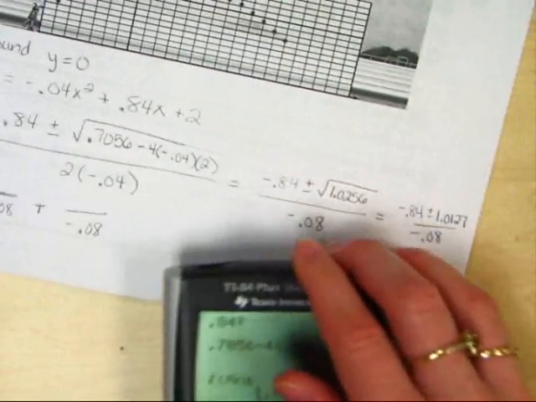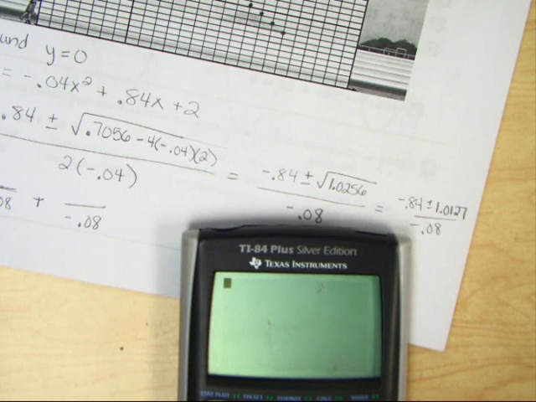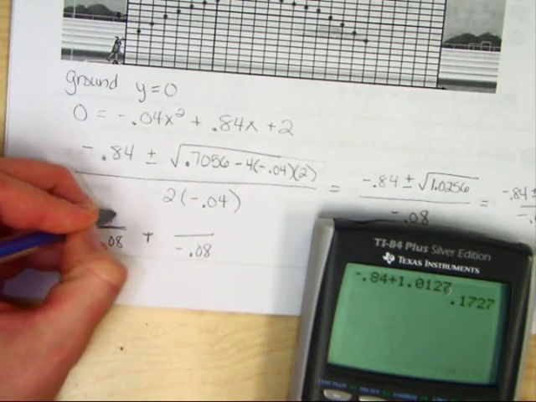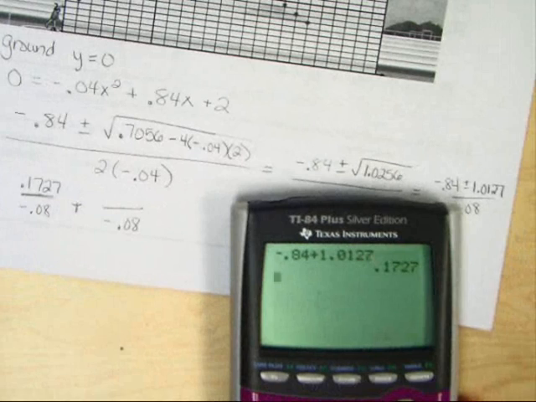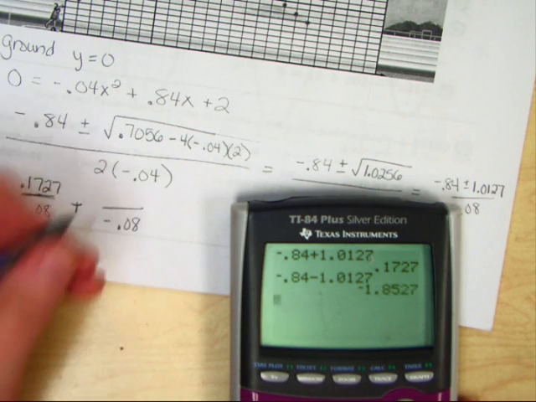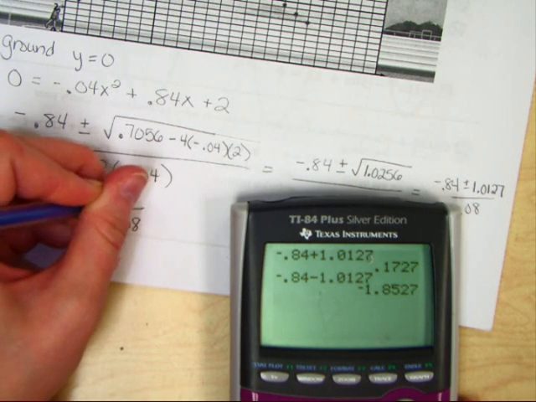So let's add to start with. Let's do negative 0.84 plus 1.0127, and that's going to be my first numerator, 0.1727, and now let's subtract. Negative 0.84 minus 1.0127. That's going to be the numerator of the second fraction.